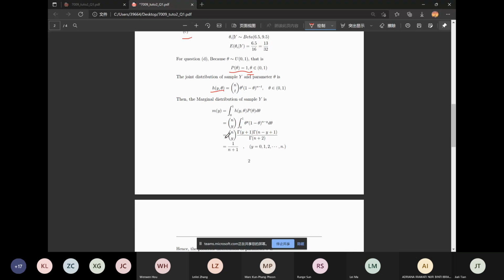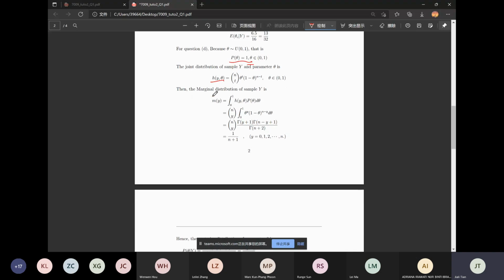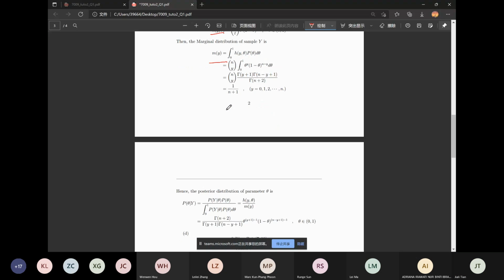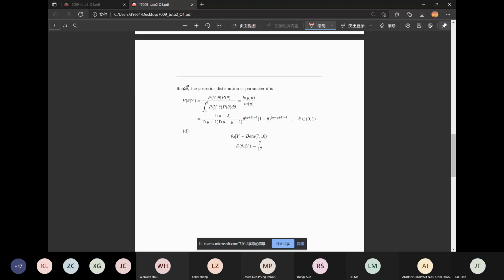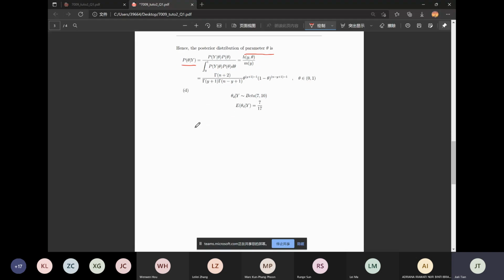And then the marginal distribution of sample y is here. And finally the posterior distribution of parameter theta is like this. Question D is there.